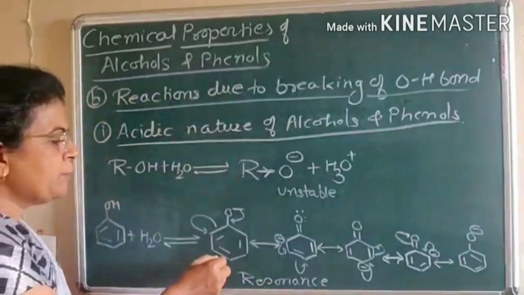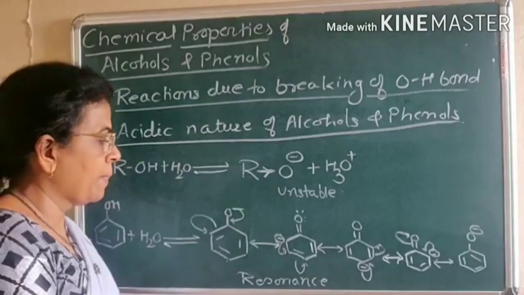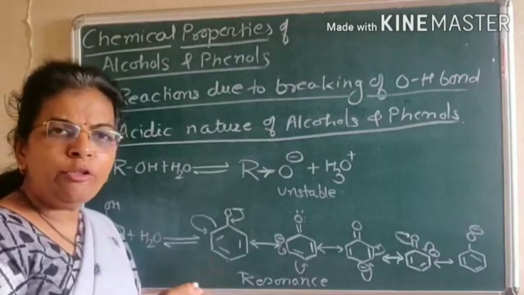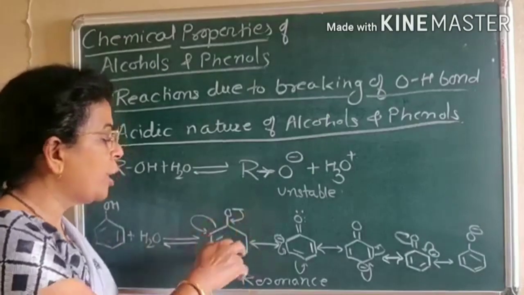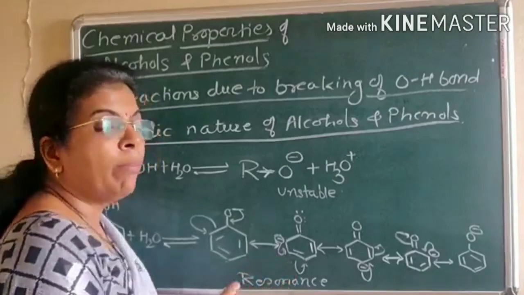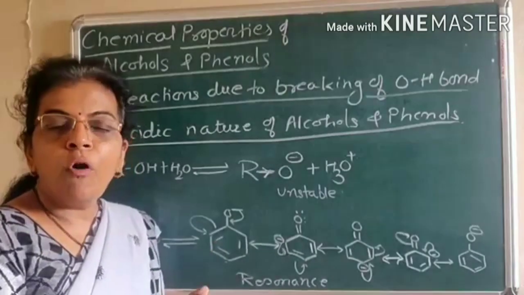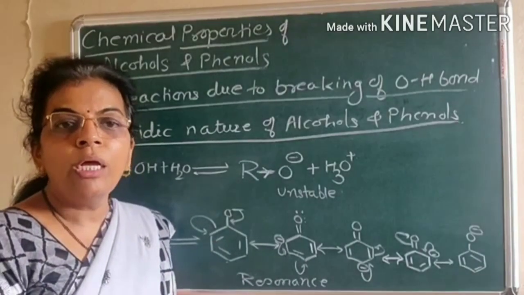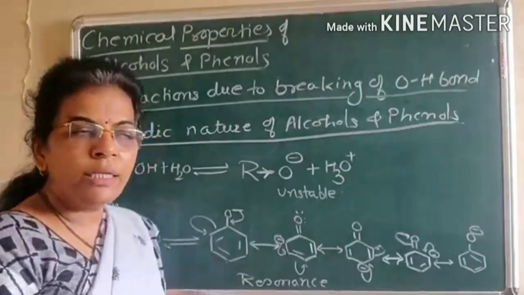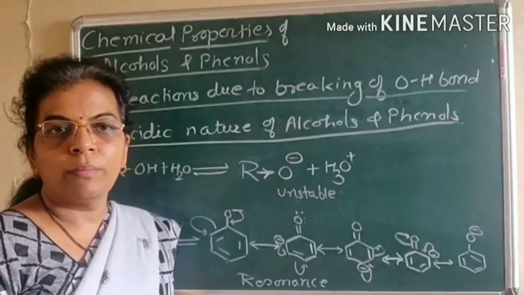In this way, the negative charge or electron pair of the oxygen atom can resonate in the benzene ring and can therefore be stabilized by resonance. Therefore, the phenoxide ion formed after ionization of phenol is a stable phenoxide ion, and so phenols are acidic in nature while alcohols are neutral in nature.